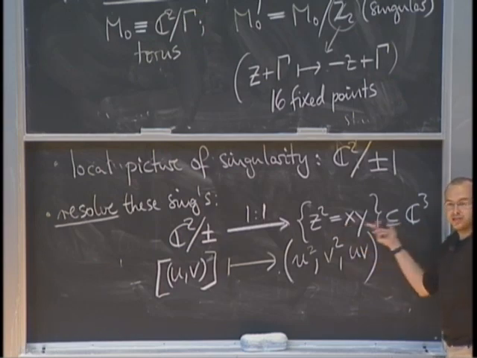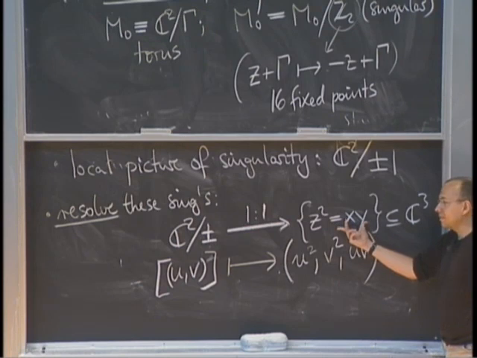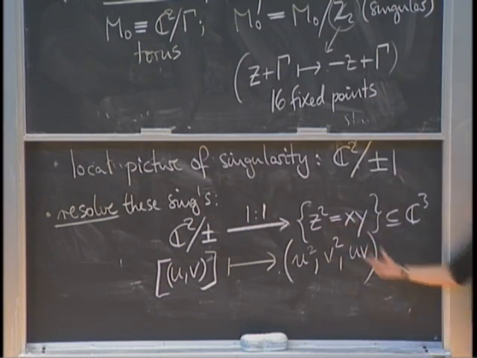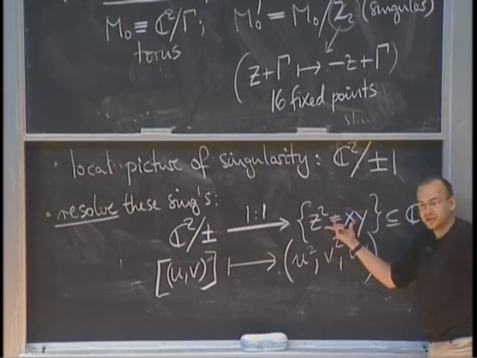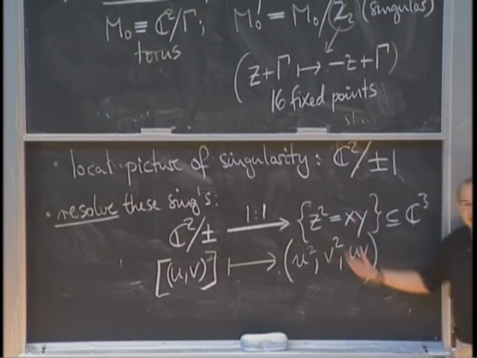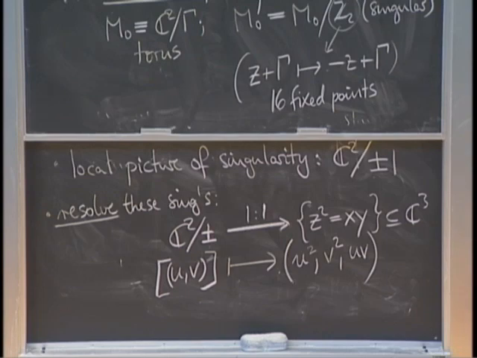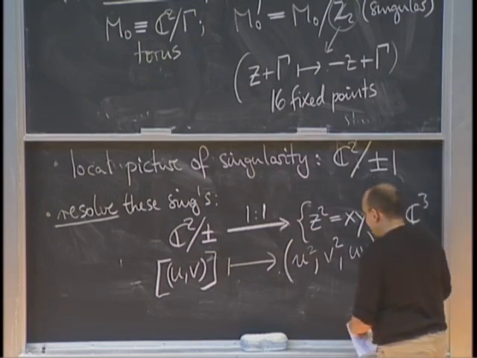That surface is smooth except at the origin. That's the surface I put on one of the homework problems last week, to show you how to construct a resolution of that surface by blowing up the origin in C3.